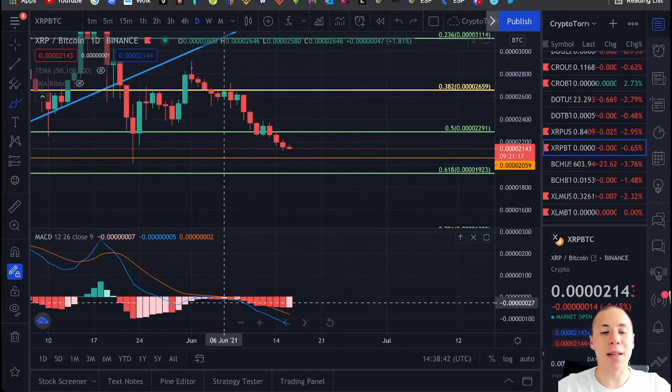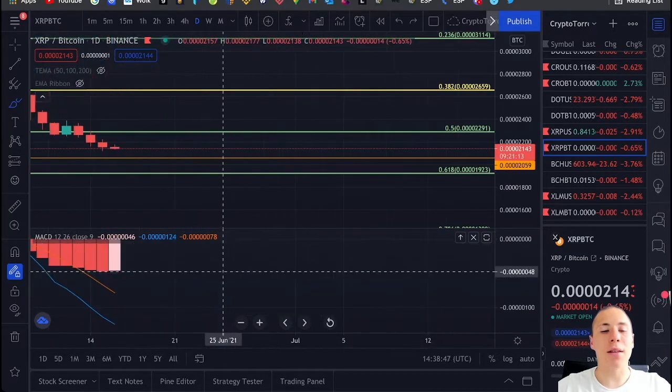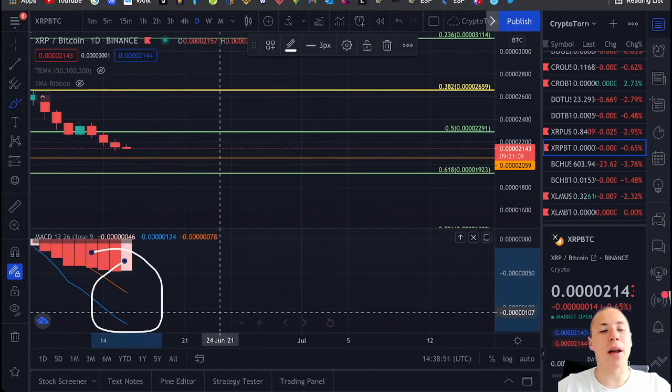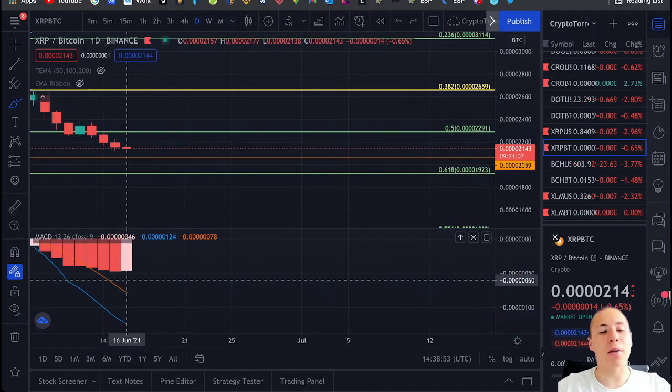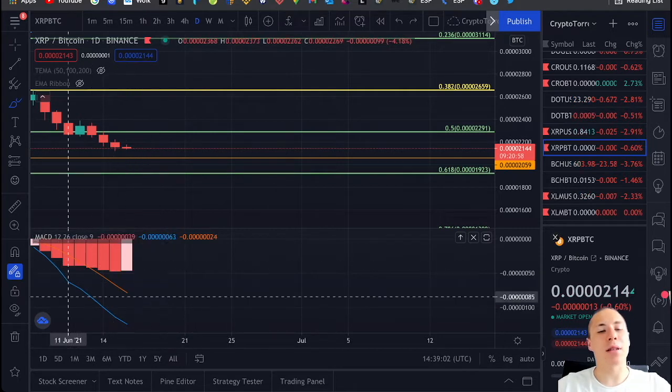But unfortunately at that period in time the crossover did not occur, and right now where we're currently trading, the crossover is not there anytime soon, but I think it will occur in, let's say, the next upcoming 48 to 62 hours, and that could be very possible.